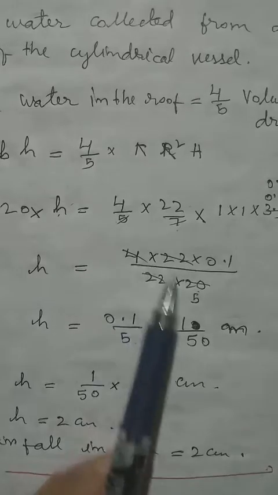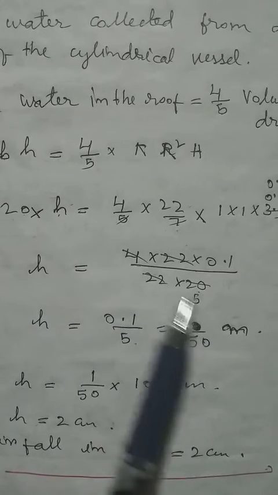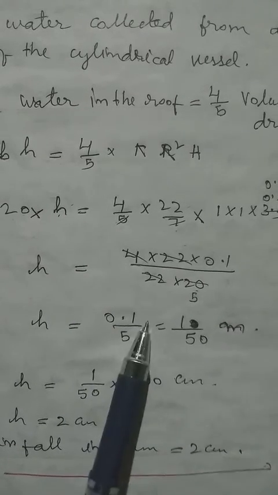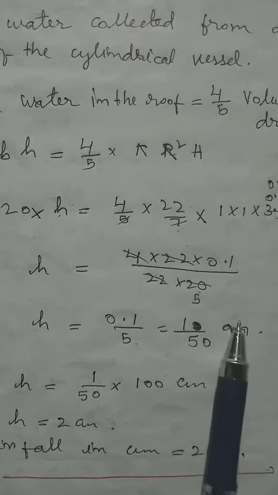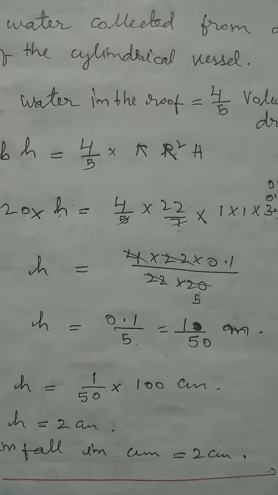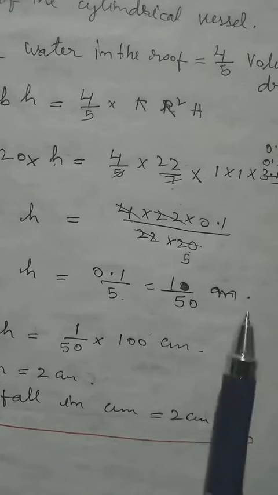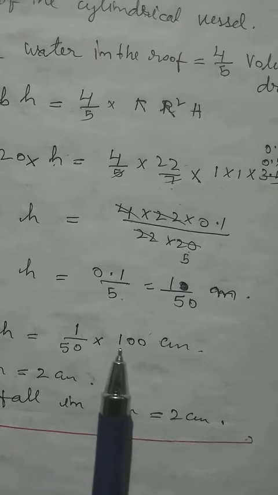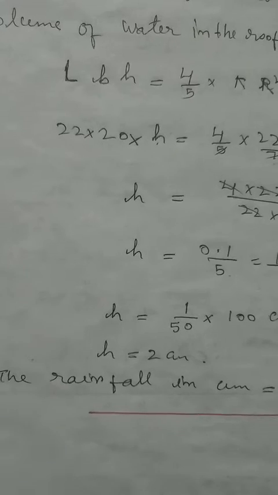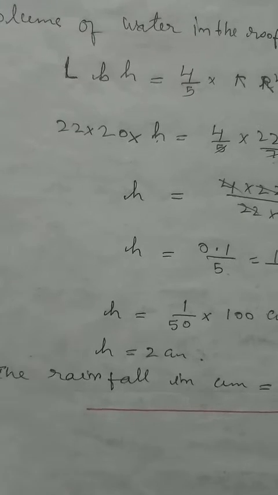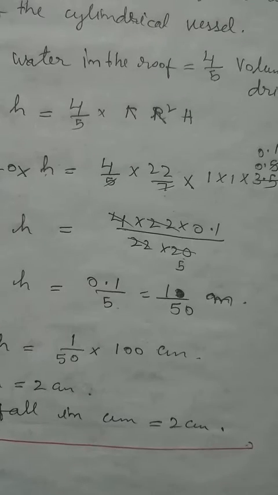So 22 cancels with 22, then 4 into 5, so 0.5. To remove this decimal, we can put 50. So now it is in meter, we have to convert to centimeter. So we know 1 meter equals 100 centimeter. So we convert it, then we divide, that means the height of the rainfall on the roof in centimeter is equal to 2 centimeter. So we get what the question wants.